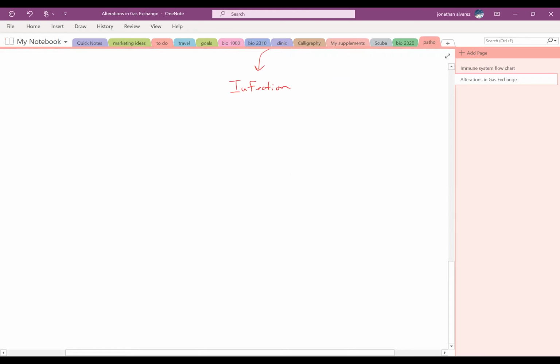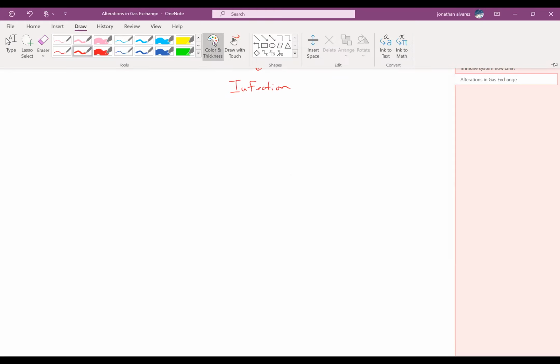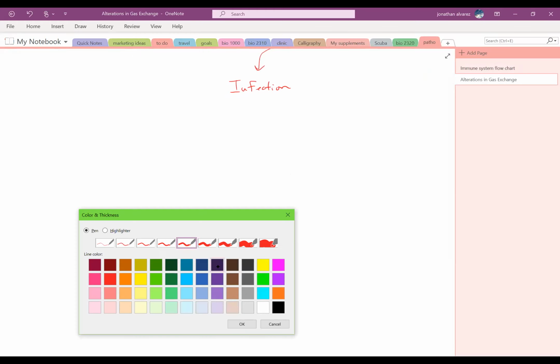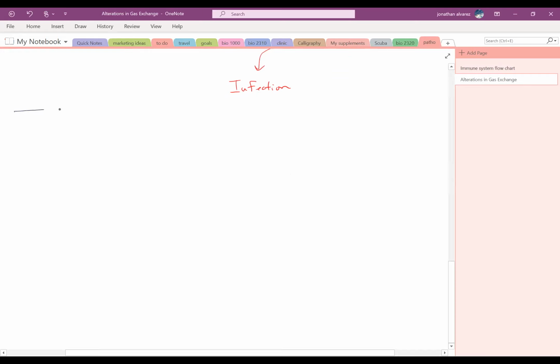Okay, so things that influence breathing. Okay, influences on breathing.